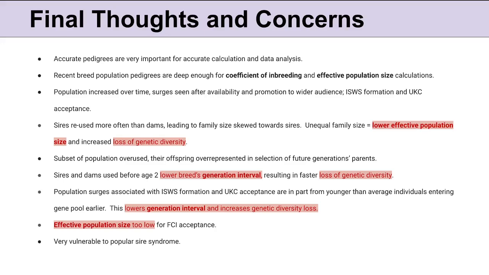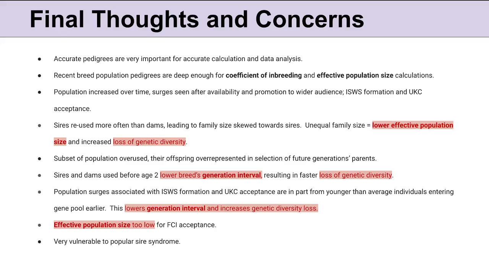When there is a wider audience available to the breed, we have a larger effective population size, and our breed overall can be more stable genetically because there's more people with them. It's less tiny pockets all over.